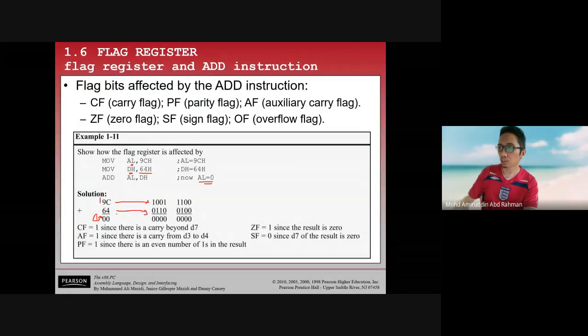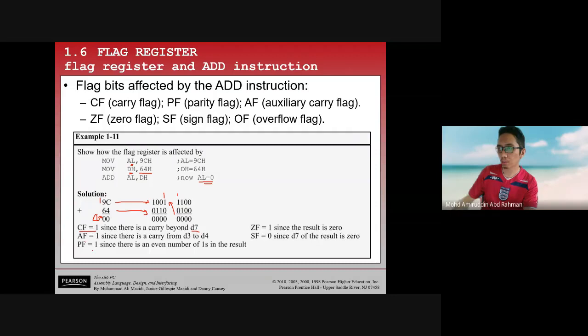Because we have a 1 beyond bit 7, our carry flag becomes 1. We also add 1, 1, 0, so it becomes 1, 0. There will be a carry over from D3 to D4, so AF is also 1.